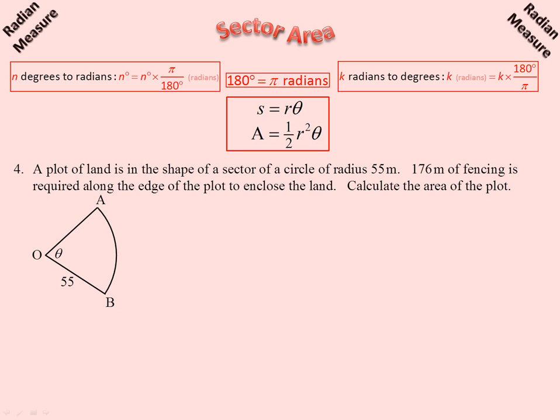We have r, and that will give us the area. But we have to find theta first. That we can do using this first formula here, S equals r theta, if we know S, which you can work out because the perimeter of the fencing is 176, and we know that's 55, and that is. Try it first.